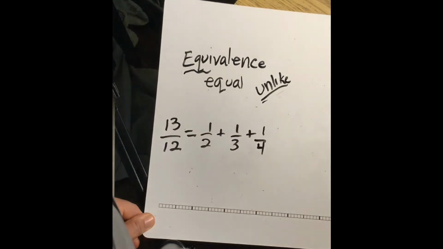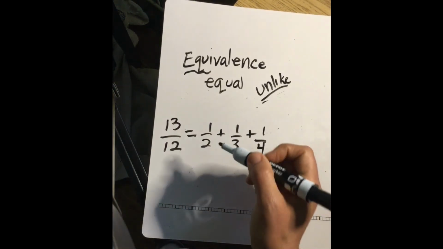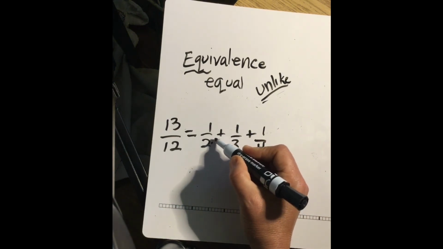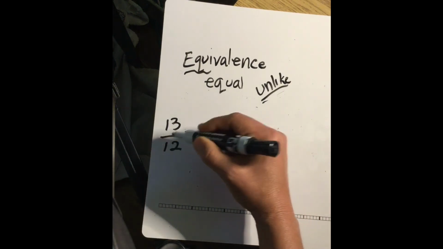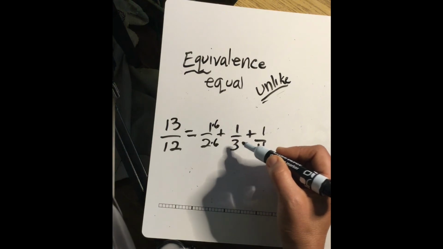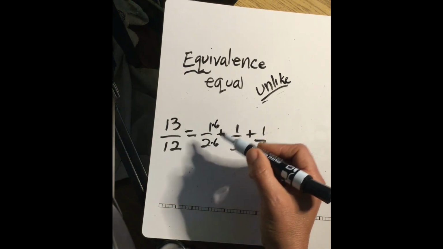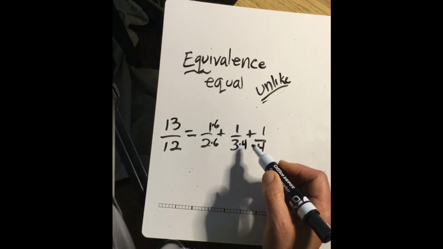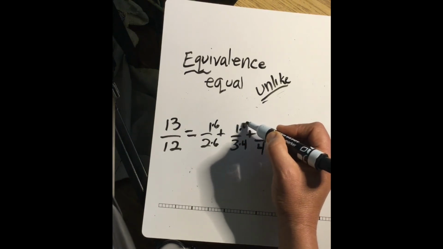All right, so the first thing I thought of was, again, 12. So I'm going to multiply 2 times 6 to get 12. And I also want it to all be 12 so I can check it. I'm going to multiply 3 times 4 to get 12. Whatever I do to the denominator, I'm doing the same thing to the numerator.